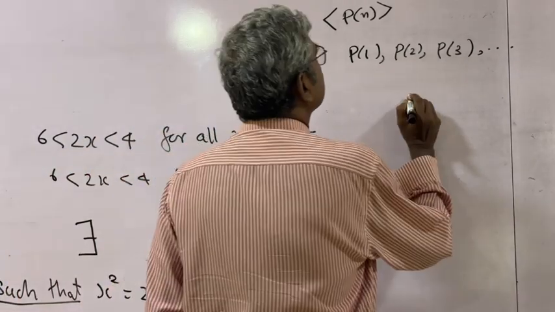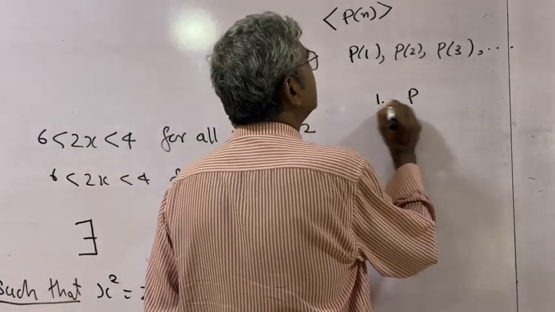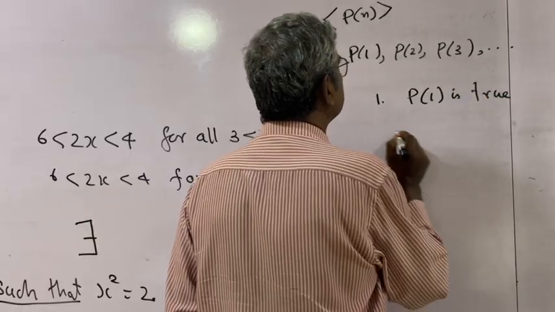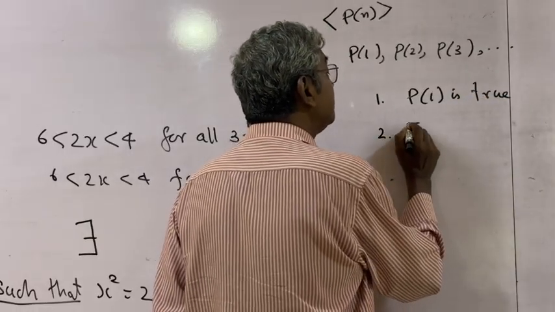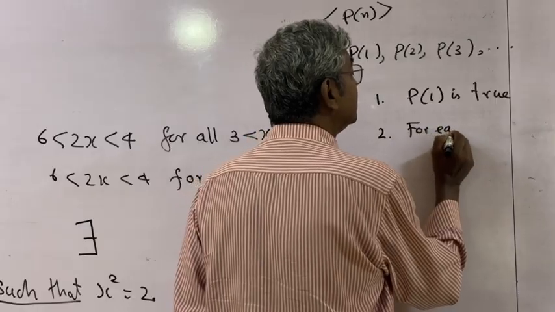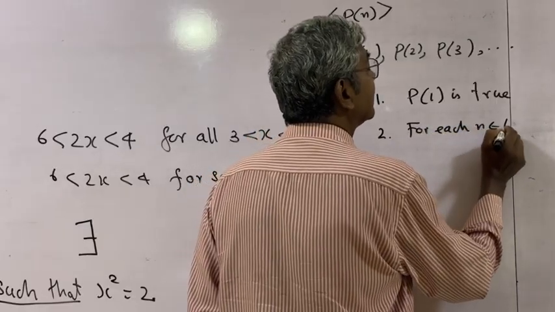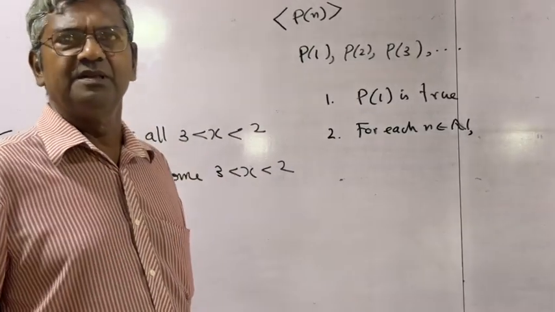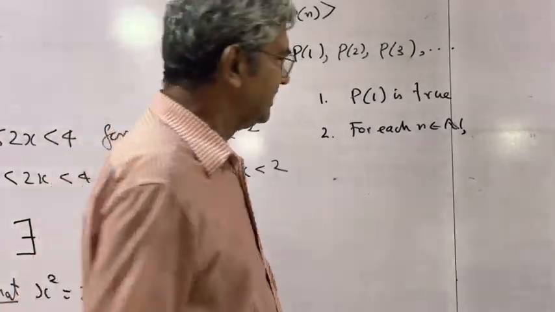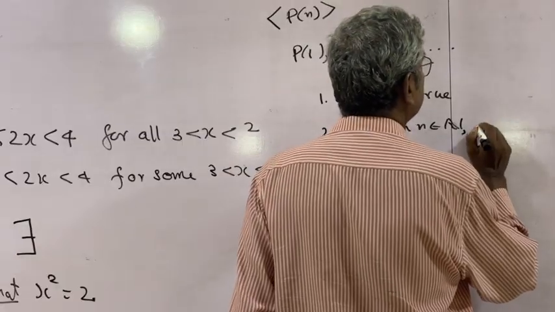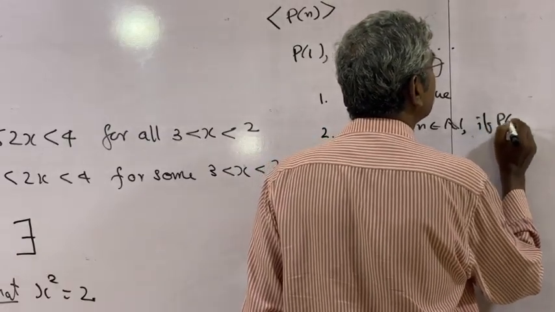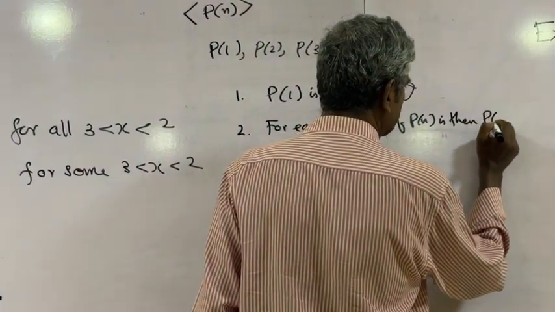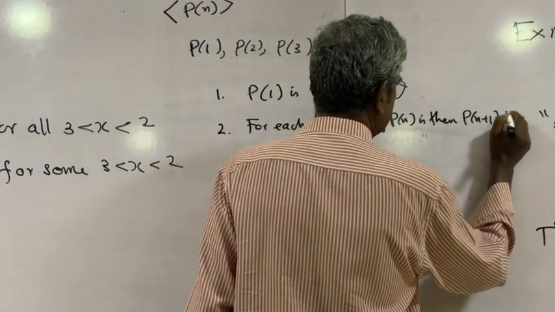First, assume P1 is true. Second, for each n belongs to N, sorry, because I am excluding 0, that's why I said don't take it down, for each n belongs to N, if Pn is true, then Pn plus 1 is true.